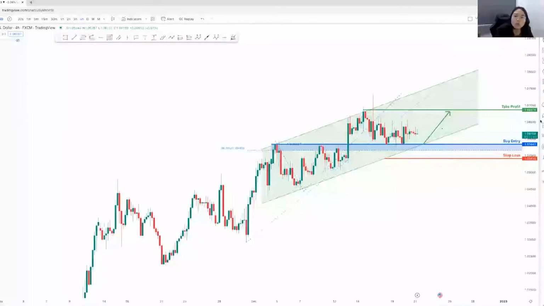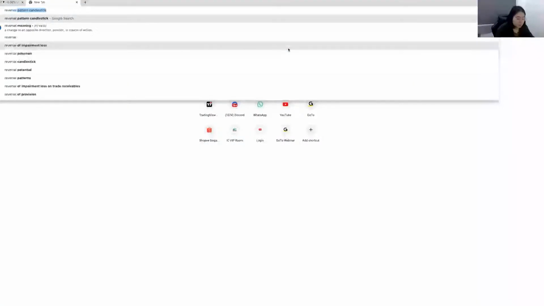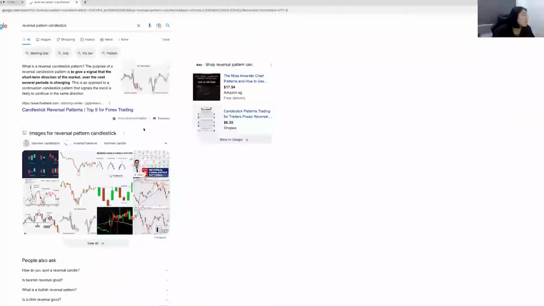So what's the next step? Once you have found your analysis, the next step is that when price gets here, what you're going to do is look for a reversal pattern candlestick.